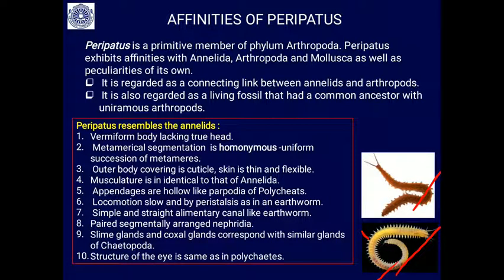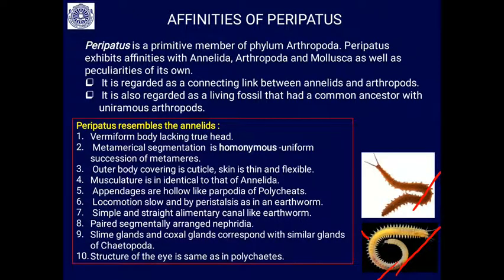The peristaltic locomotion is similar to earthworm, as I said. The alimentary canal is like the earthworm's, a simple one. It is not modified like the prawn you have studied. It is a straight alimentary canal. The paired, segmentally arranged nephridia, the excretory organs, are similar to those of the annelida.